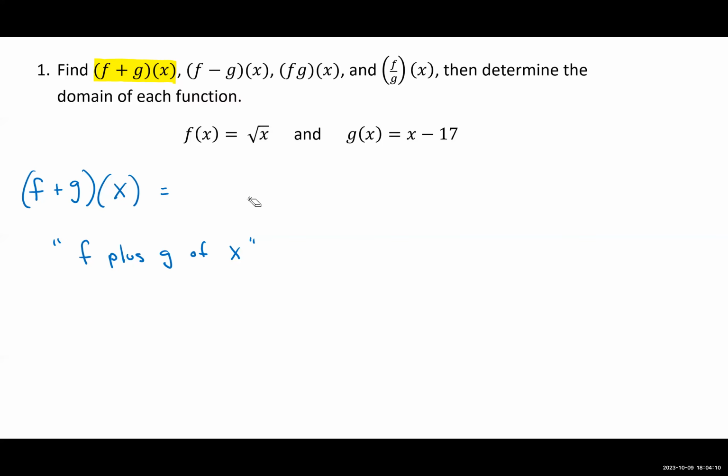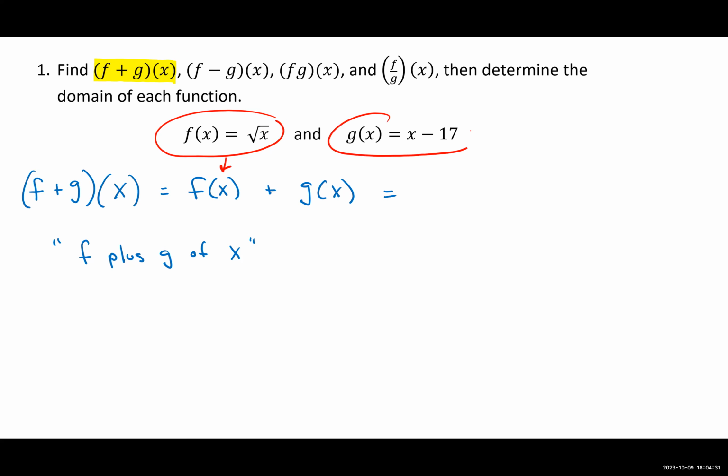But what this actually means has a more visually apparent form. This is just f of x plus g of x. F of x is given. G of x is also given. And so when we're adding these 2 functions together, we get the square root of x plus x minus 17.